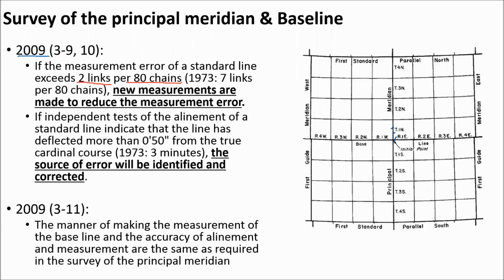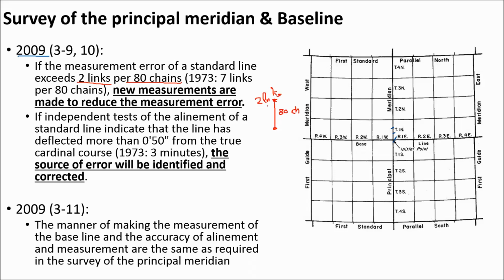If the measurements are out of this tolerance, we need to do new measurements. We need to resurvey. So for example, if I have a line here between two monuments, monument 1, monument 2, and the distance between these two monuments is 80 chain, I'm only allowed two links. And the abbreviation for links is L and K here. That's for sure.